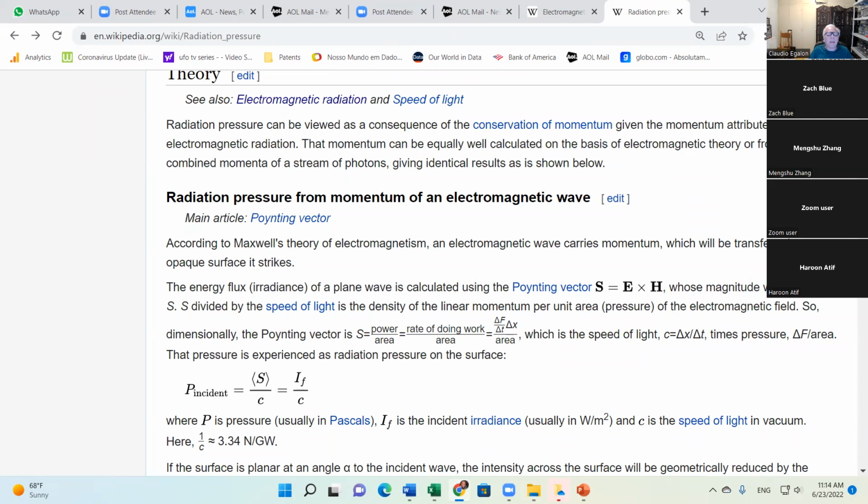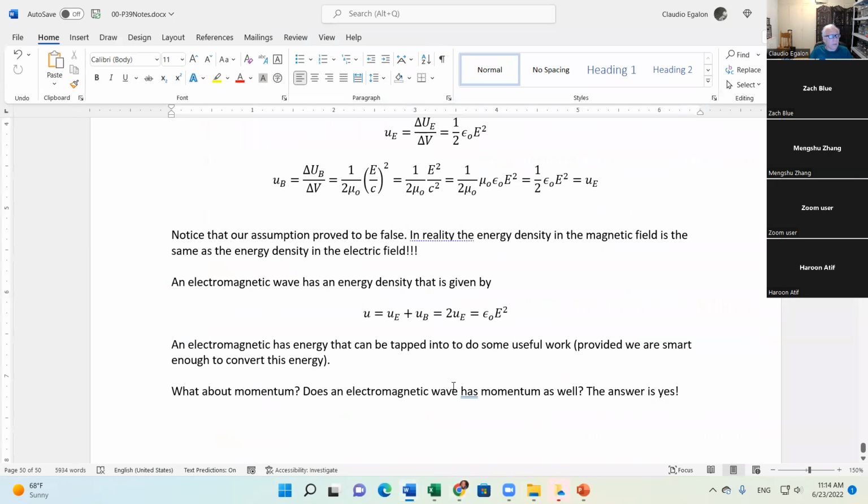The best way to understand the momentum due to an electromagnetic wave is, by best way I mean the easiest, okay? And we are going to cover that.